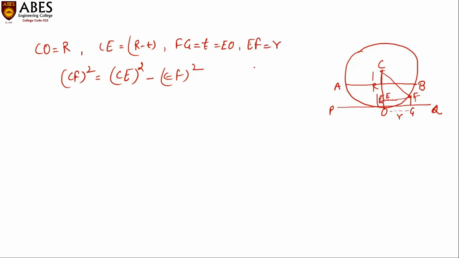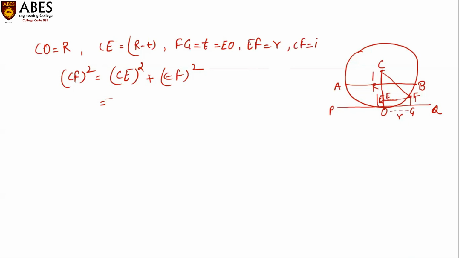EF is small r, or for the nth ring we can write r n.